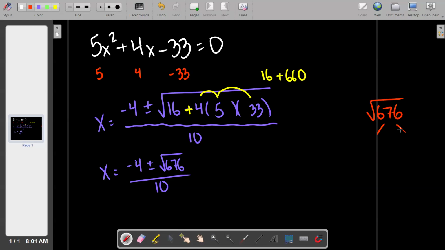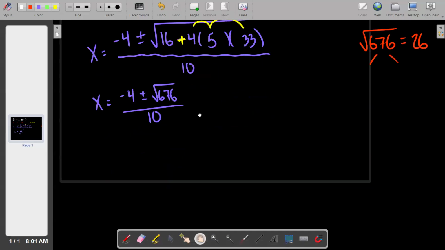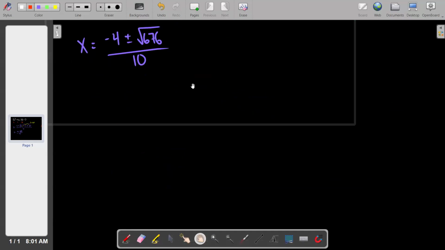The answer to the square root of 676 is quite literally 26. The moment that happens, what that means is that the answers that we're about to get are what we call rational answers. It means, and I talked about this yesterday, the absence of needing a square root sign at all implies rational.